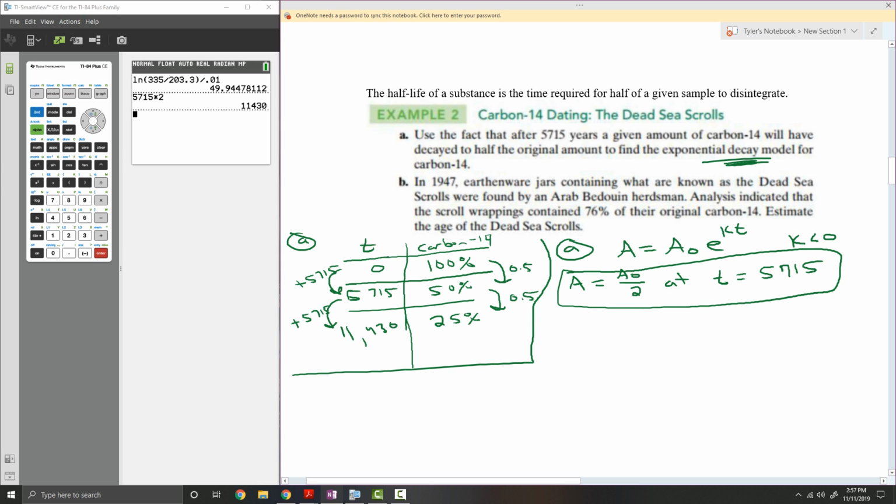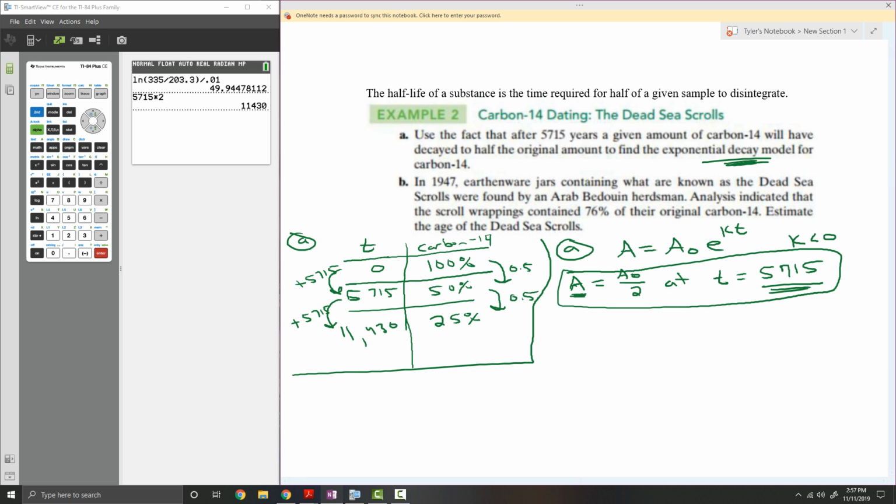I'm saying when this many years goes by, the amount we have at time t, which is A, you're going to take whatever you had, divide by 2. That's 50%, half of what you had. So if we plug these things we know into the equation, then we can begin to solve for k. That's what we need. We need to know an initial amount, and we need to know k in order to have a model.